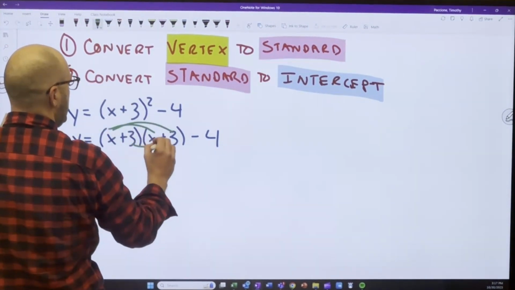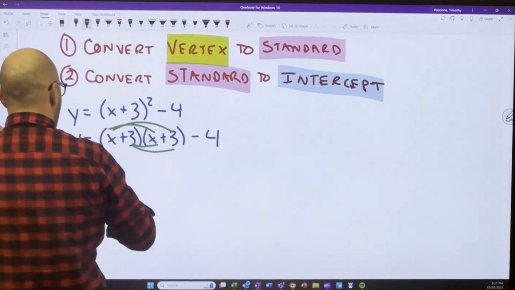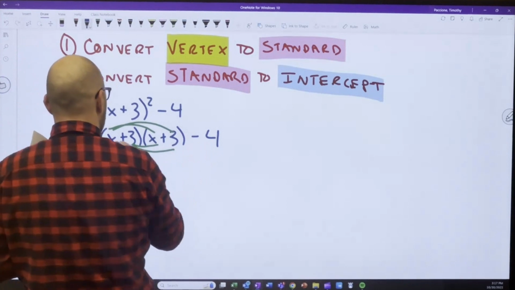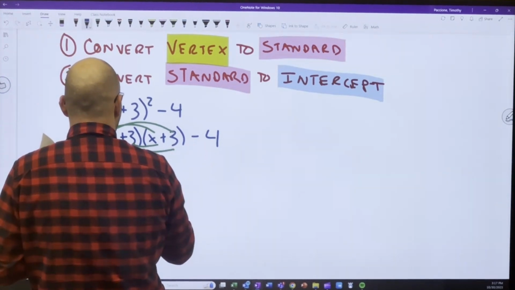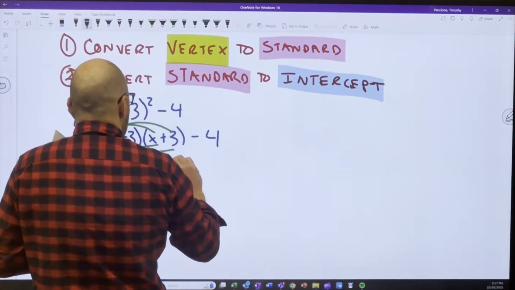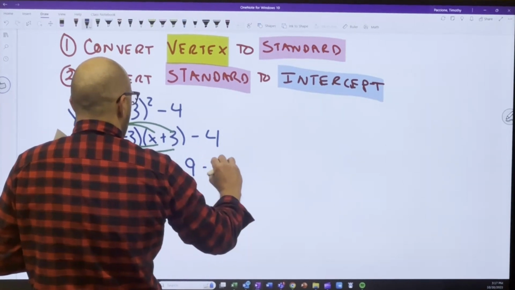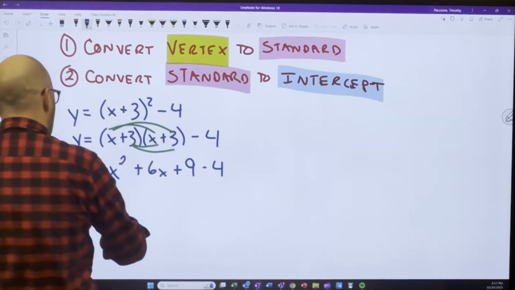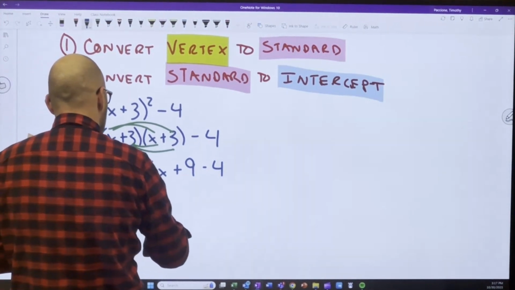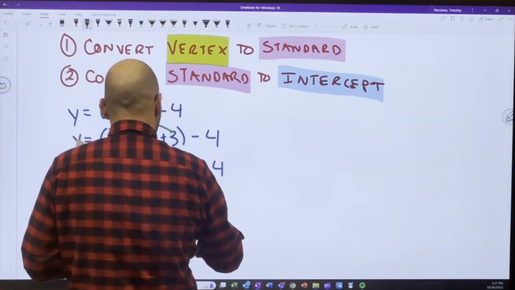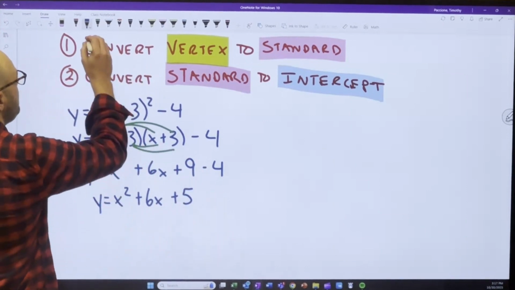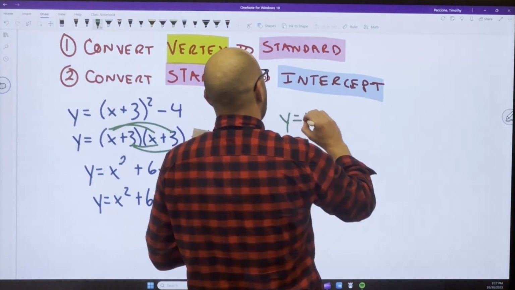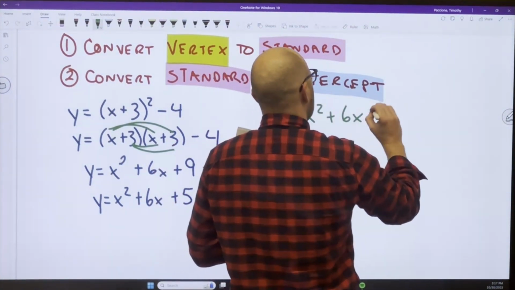First, outer, inner, last. Y equals, and this would be x squared plus 3x, so that's plus 6x, plus 9 minus 4. 9 minus 4 is 5. So y equals x squared plus 6x plus 5. Okay, so now I've gotten it into standard form. Y equals x squared plus 6x plus 5.